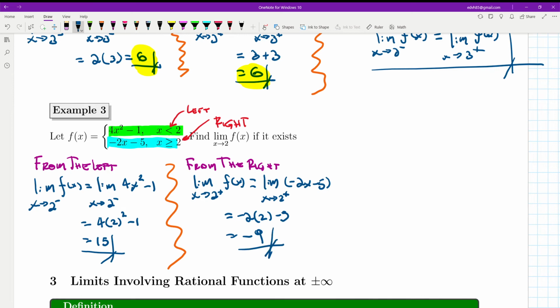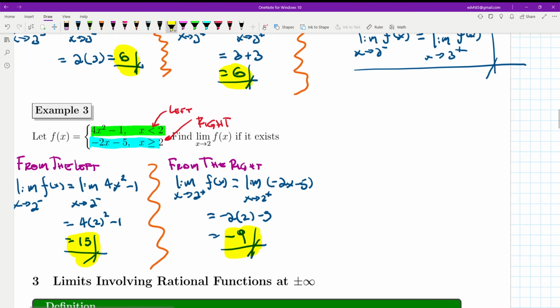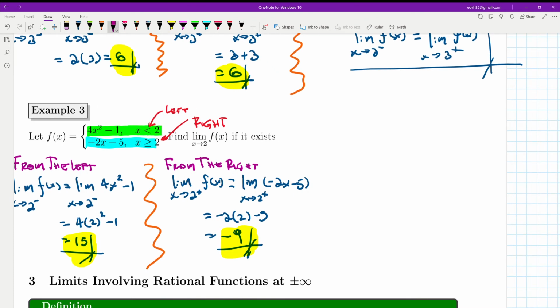Now, if you compare these two limits from either side, they are not the same value. So our conclusion is that the limit of f of x as x approaches plain vanilla 2 does not exist.